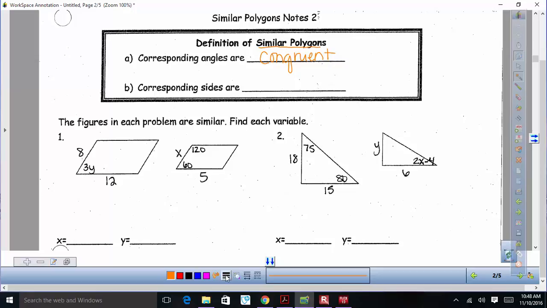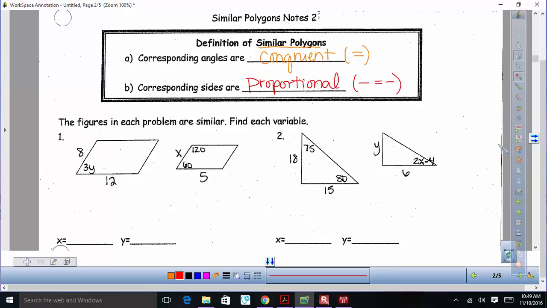What about corresponding sides in similar polygons? They're not similar. They're proportional. So that means that our angles, we're going to be setting those equal, the two corresponding equal, but the sides we set up as a what? A proportion.